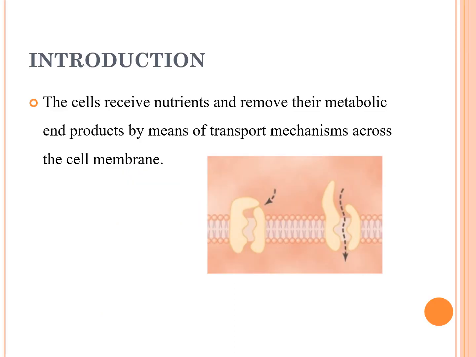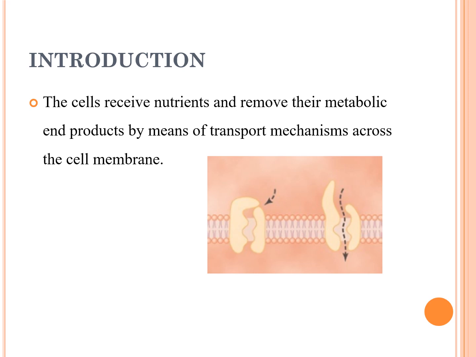So, what is the importance of this topic, which is transport across cell membrane? The topic itself is explaining that there are some substances which are transported across the cell membrane. Why is it very important?